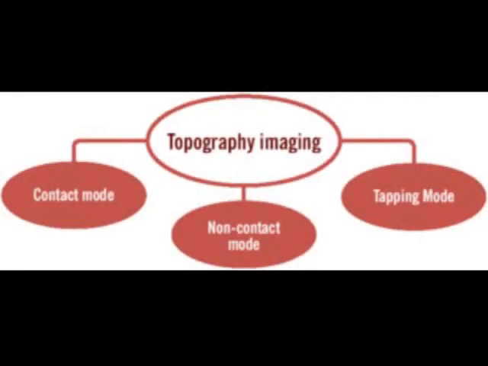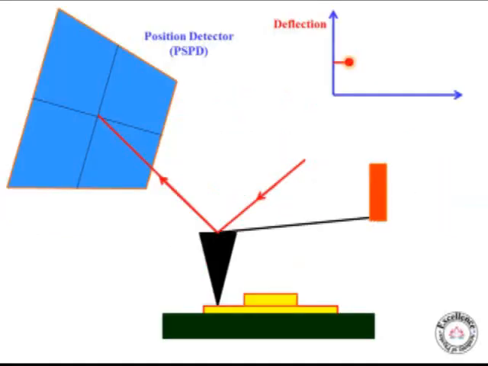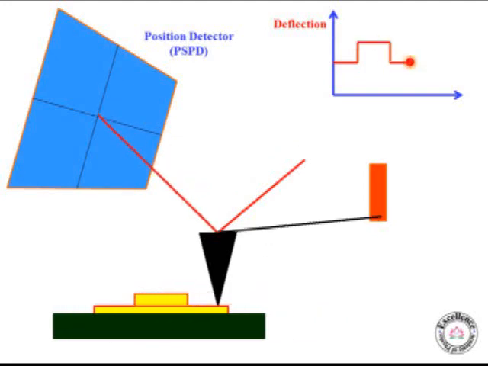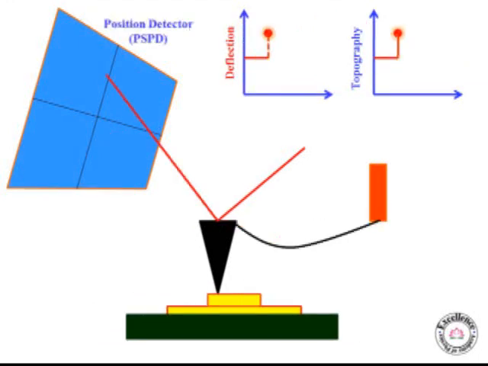There are mainly three different operating modes for an AFM: contact mode, non-contact mode, and tapping mode. In contact AFM mode, the tip makes soft physical contact with the sample surface. According to Hooke's law, the deflection of the cantilever is proportional to the force acting on the tip.